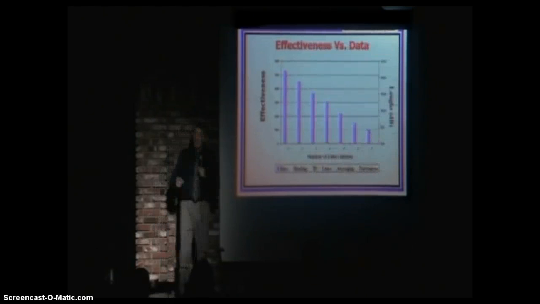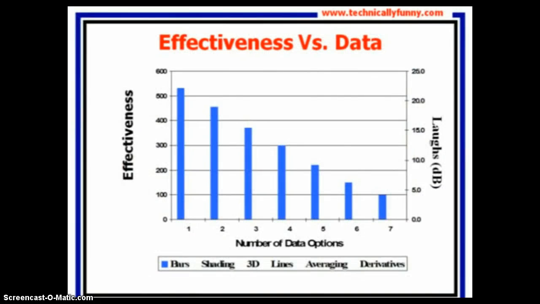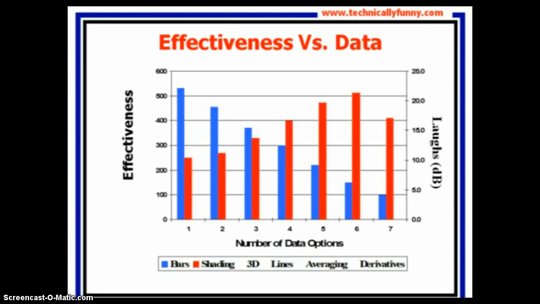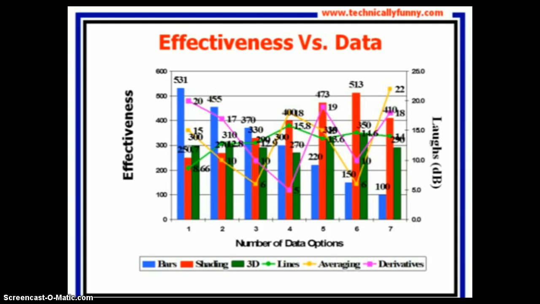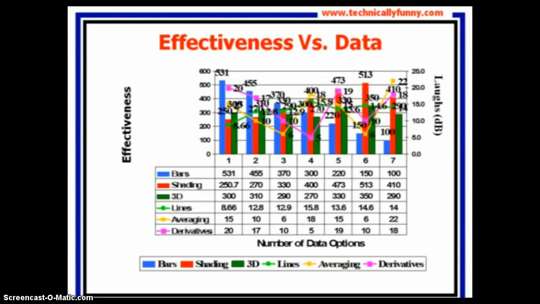I've also noticed this. People love to pack data into their presentation and just shove more and more data thinking it's better, but it's not. The more data you have, the harder it is to read your slide, and the effectiveness plummets. Now you can improve the effectiveness by adding some shading and some 3D effects and some second order and third order effects. And I know, let's add some labels. That'll help a lot. And that's pretty much every marketing slide I've ever seen right there.